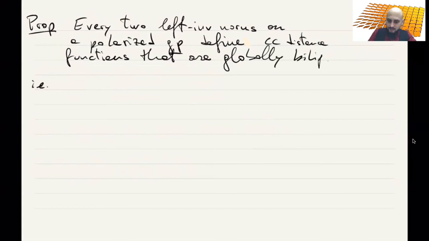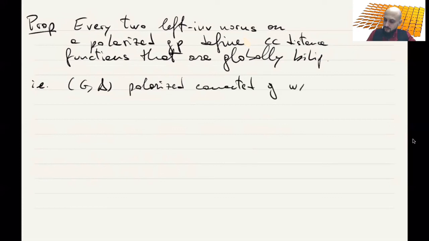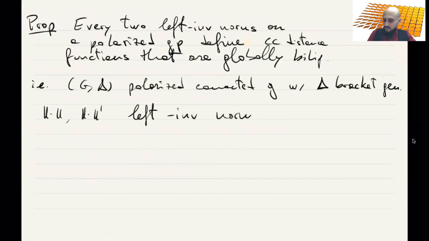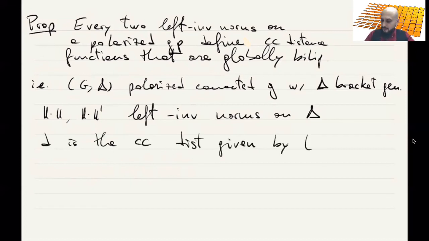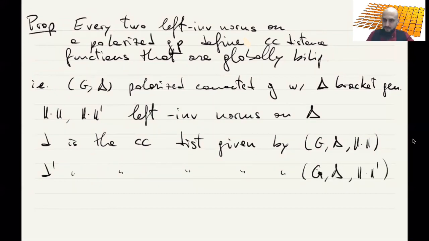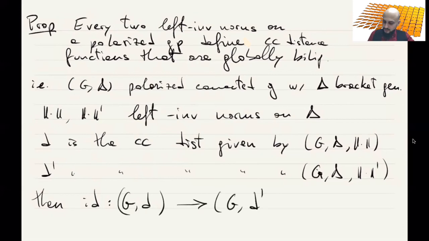In other words, (G, Δ) is the polarized connected group with Δ bracket generating, and we have two left invariant norms on Δ. D is the CC distance function given by G, Δ and the norm, and D prime is the CC distance given by G, Δ and norm prime. Then the identity map from (G, D) to (G, D prime) is bi-Lipschitz.